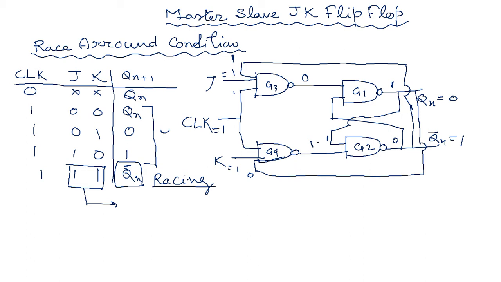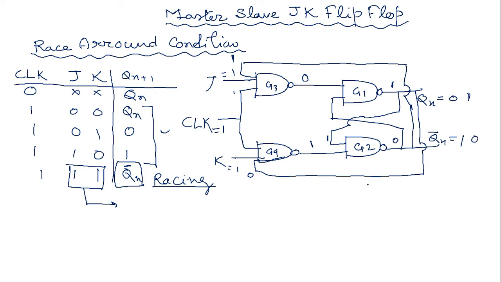So you can see that whenever Qn equals 0 and Qn complement equals 1, after switching on the circuit, basically clock is 1. When clock is 1, the circuit changes its output. At the time of switching on, the circuit changed its output from 0 1 to 1 0.